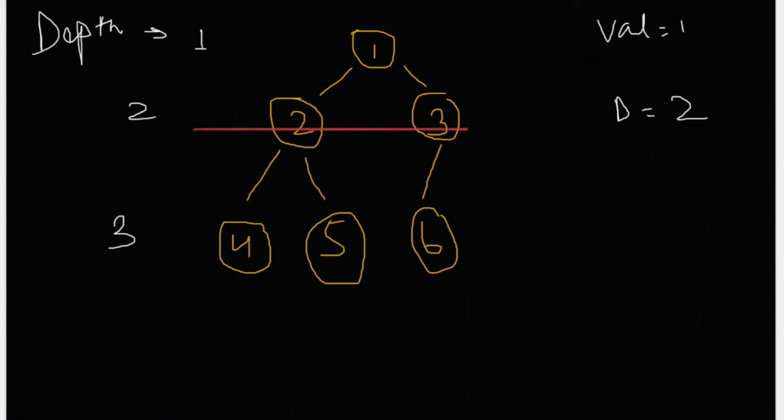Now my second row is at a depth of 2, and similarly my third row is at a depth of 3. So in my case, I am asked to add a whole new row at a depth of 2, and what I need to do is add all the nodes with a value 1.